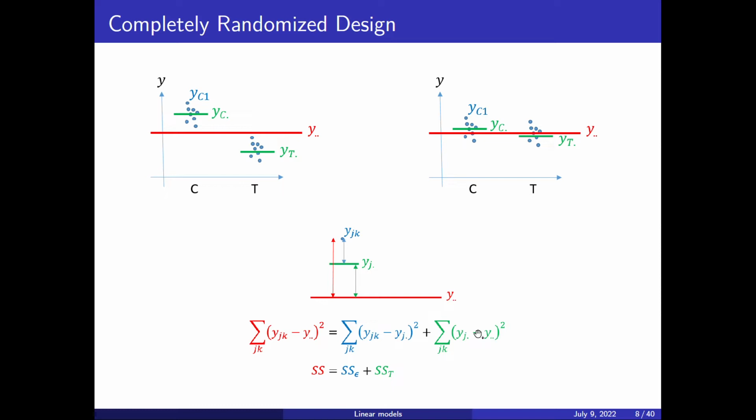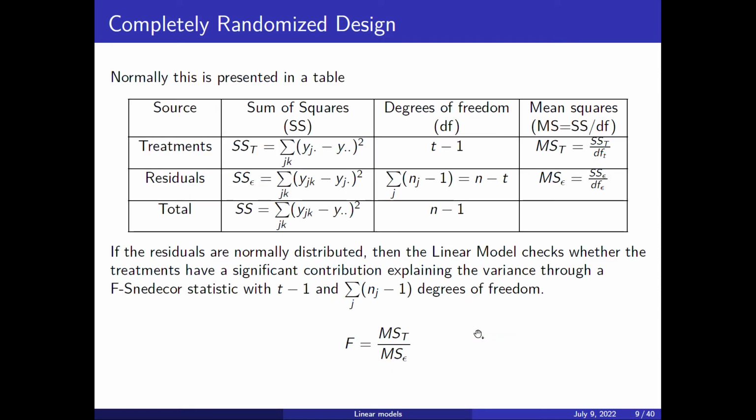So we have to make this comparison not at the level of sum of squares, but at the level of sum of squares per degree of freedom. That is called the mean squares. So we divide the sum of squares by the number of degrees of freedom, for the treatments and for the residuals, and now you can compare these two.